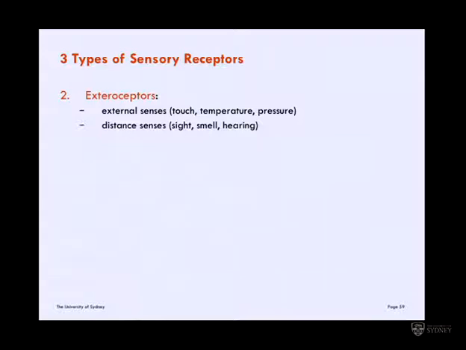Therefore, they're classified as exteroceptors. Okay? Same with hearing. The hair cells are in the cochlea, which is deep inside. But the signal that activates those hair cells is from outside. So hair cells as well are exteroceptors. So they do not have to be on the surface in order to be exteroceptors.